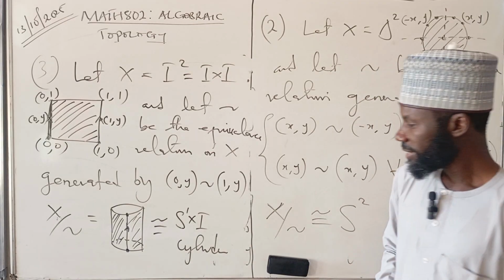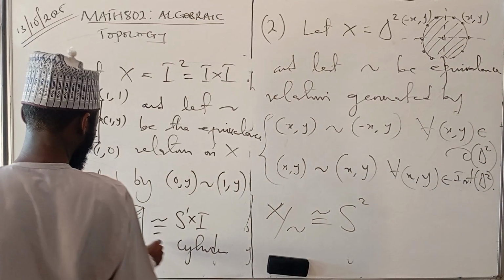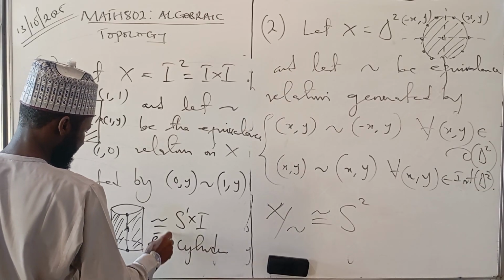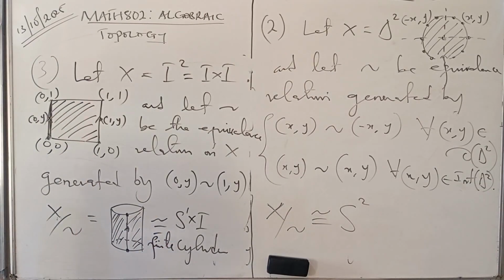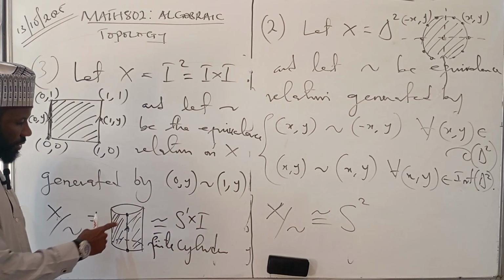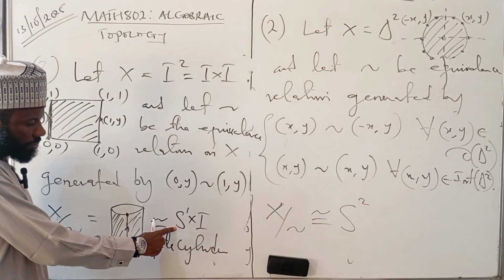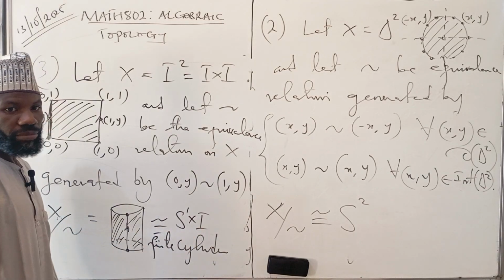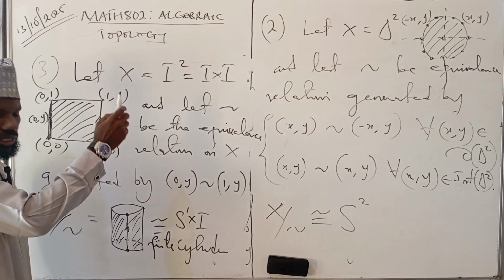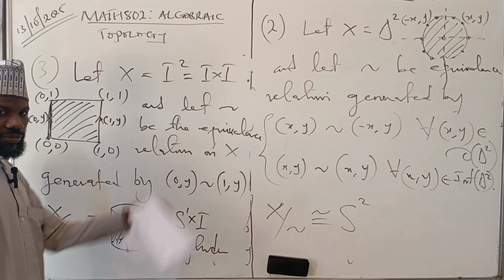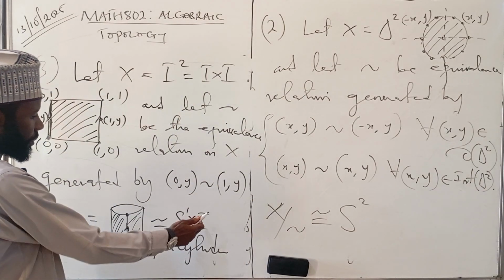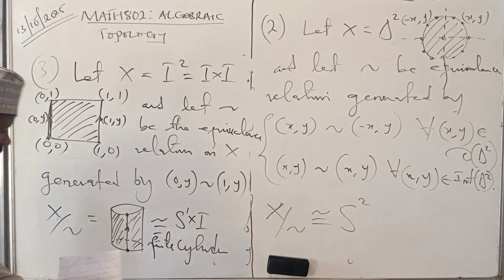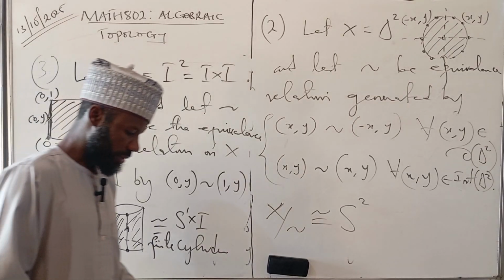Finite cylinder, yes. Infinite cylinder is when you take the Cartesian product of the cycle with the set of real numbers. Then you have an infinite cylinder extending in both directions infinitely, if you use R here.